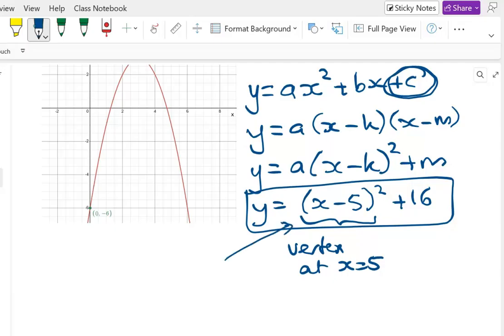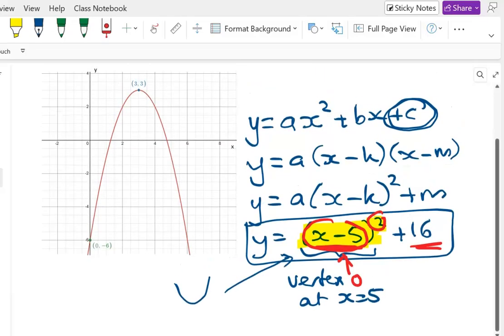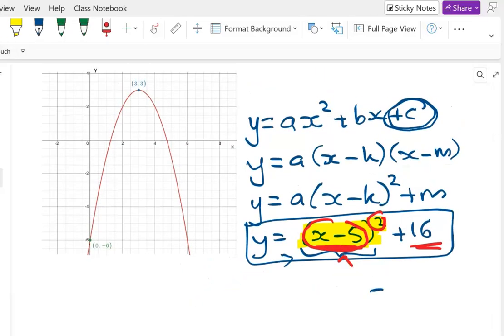I know from looking at this one that it's going to be an up the right way parabola, and the lowest that this (x minus 5) thing can ever be, when I square it, is going to be 0. Because even if I put a negative number in here, when I take that negative number and I square it, I'm going to get a positive number. So at x equals 5, this thing will be 0, and the y value will be the leftover bit, which is 16.